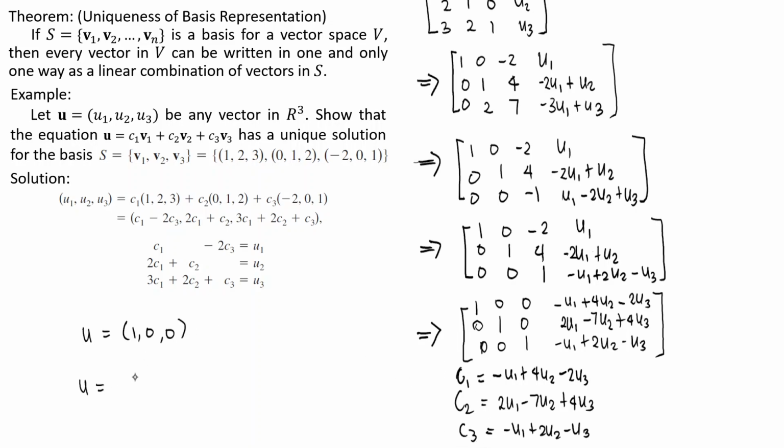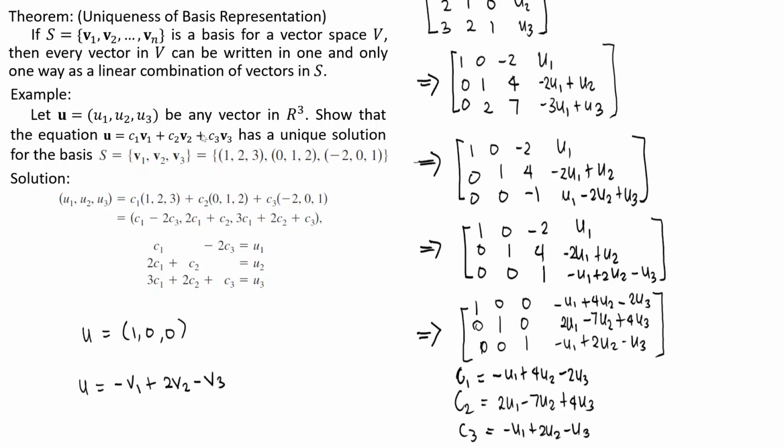So therefore, your c sub 1 will be negative 1, so negative v sub 1, then plus, again, this will become zeros here, and then we have 2, so our c sub 2 is 2, v sub 2, and then minus, we have negative 1 here, so we have negative v sub 3.